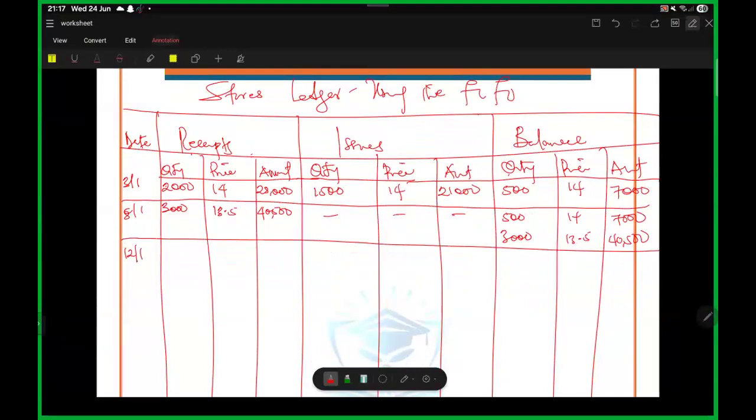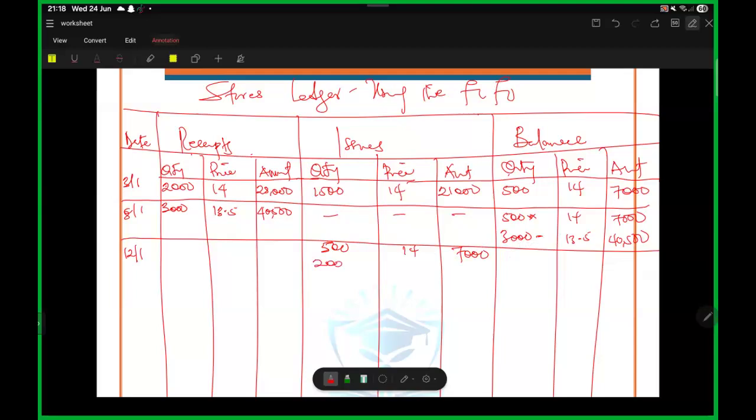So out of the 2,500, the first 500 can be sold from this one at a price of 14, giving me 7,000. Then the remaining 2,000 can be from the second one.